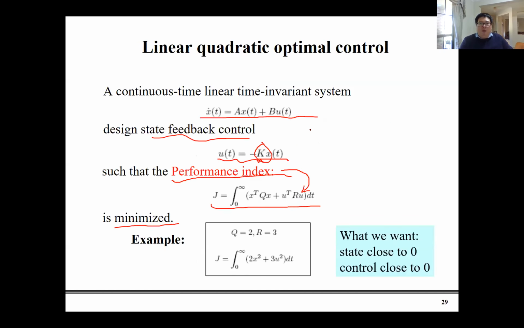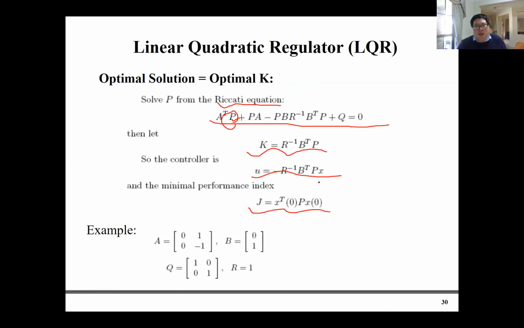So we still want to use the state feedback control, which is u equal to minus kx, to make the original linear continuous time system stable. And what we want to do is choose a proper k that minimizes this performance index. We first use the Riccati equation to calculate matrix P, and from matrix P we can calculate k, and from k we can calculate u.